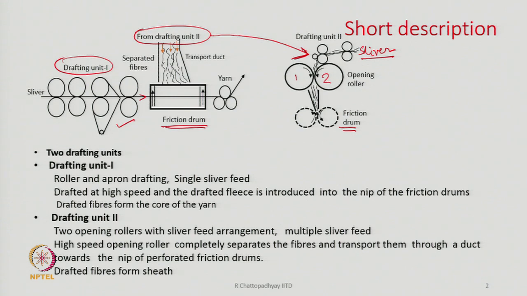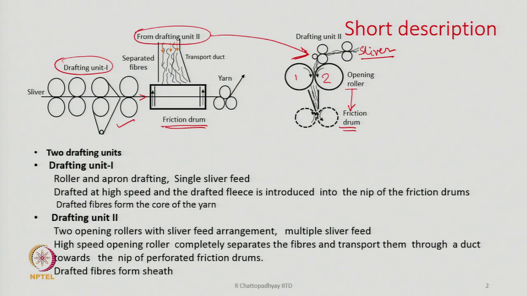Once the fibers are acted on by the teeth of the opening roller, the fibers are sufficiently individualized, and then these fibers are directed towards the friction drum. For fibers to travel from the opening rollers to the friction drum, we need the support of air.